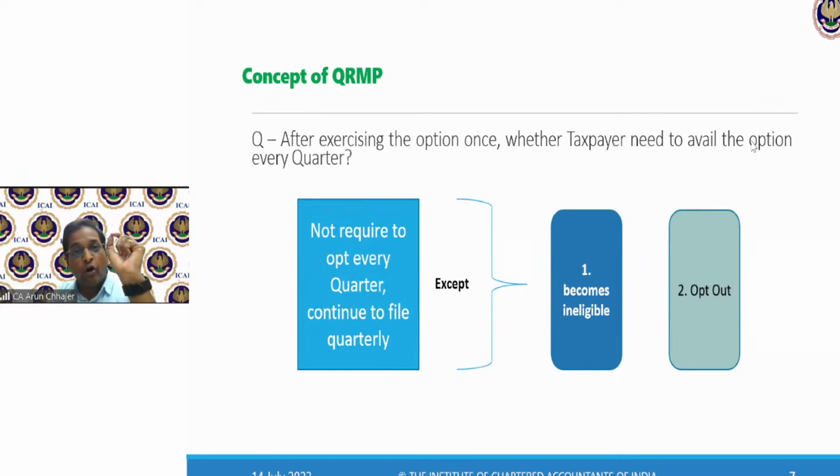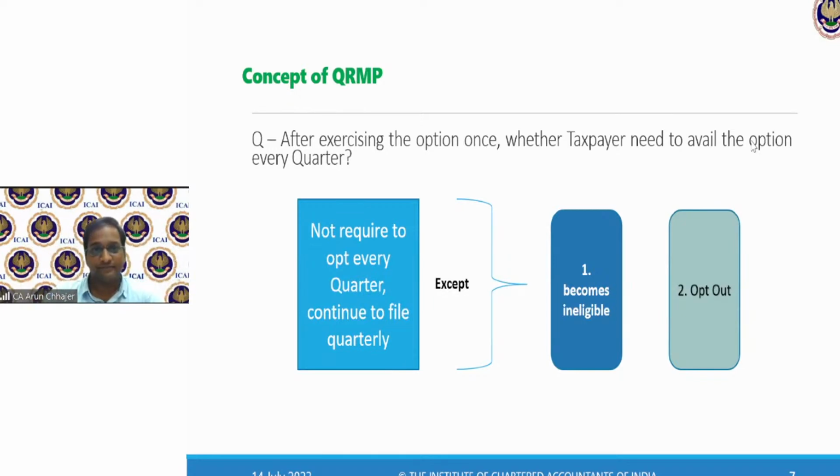You cannot opt some for the composition category and the balance for the regular category. It is not possible. Either you opt all for composition or all for regular. You cannot have a different choice for different GST numbers. That is composition. Always remember this provision, QRMP versus composition.